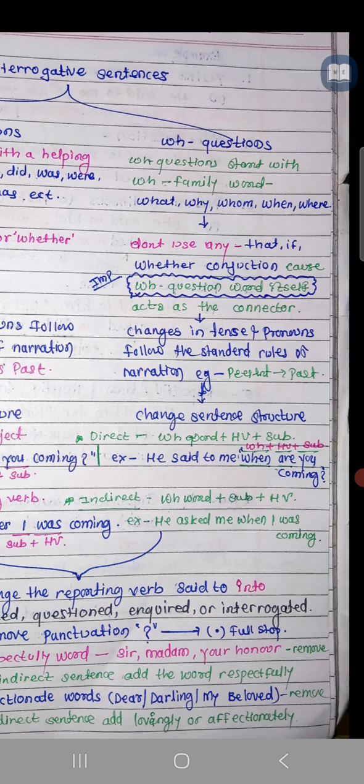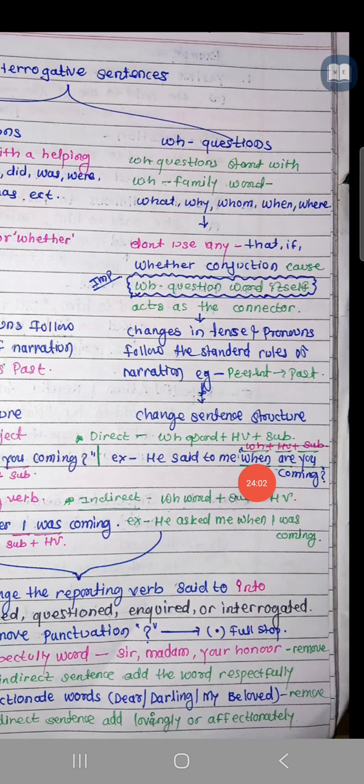So the WH family word takes the same position, it does not change its seat. Its seat is number 4 in direct speech, and when we make the indirect speech, it is again seat number 4, no change. That is the best thing we learn here. Second, the structure is WH word plus helping verb plus subject. Let's see the example: he said to me, "When are you coming?"